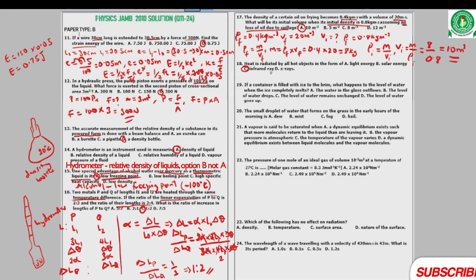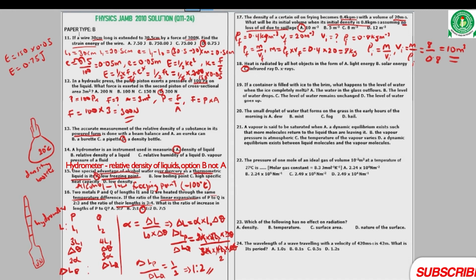These are electromagnetic rays between visible light and microwave. So infrared ray is the form by which heat is radiated from a hot object. So infrared is the answer.